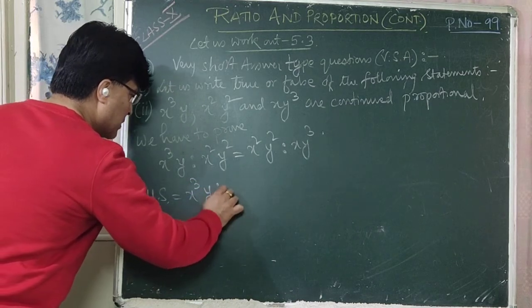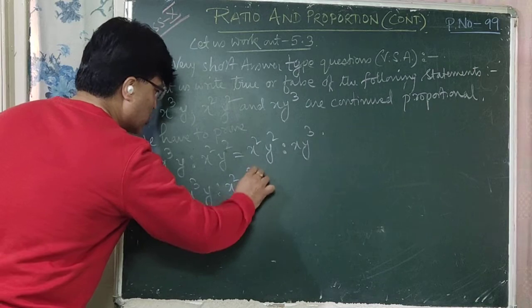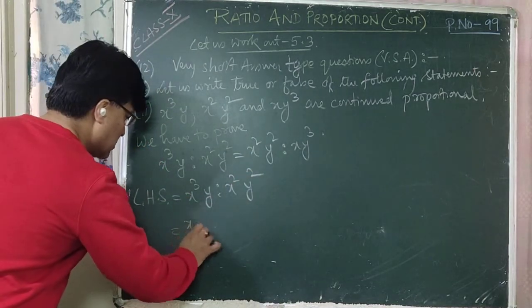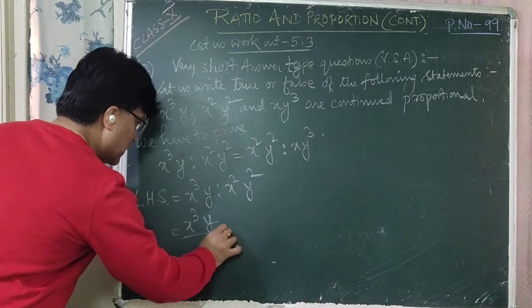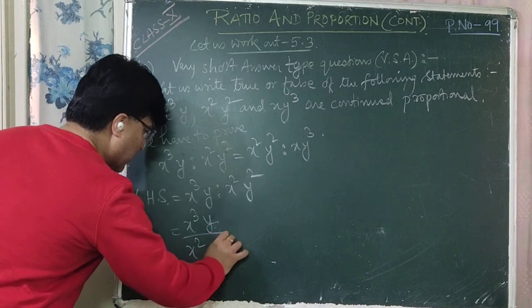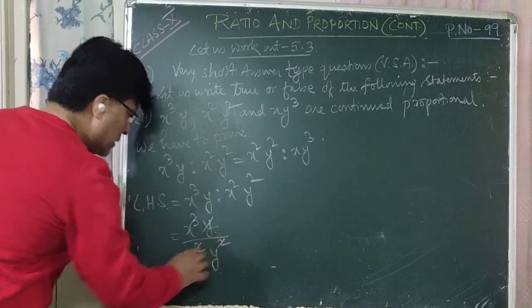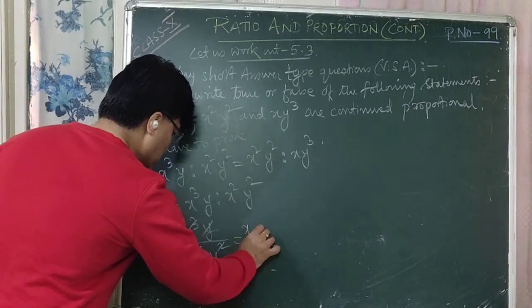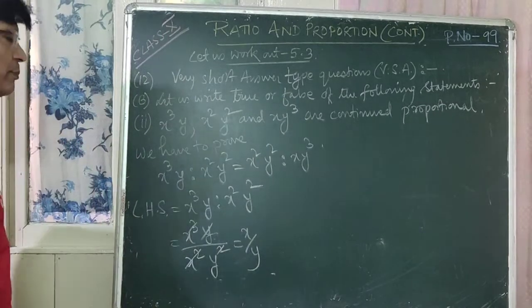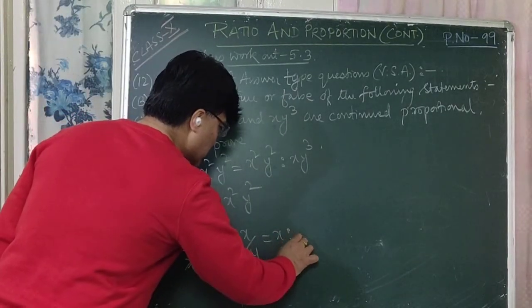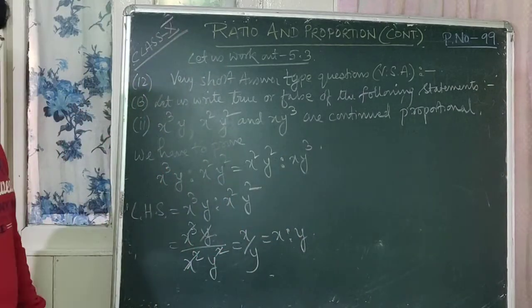X cube y is to x square y square. So let us write it in terms of fraction, that is x cube y divided by x square y square, right? So you can cancel here, x square and cube, y and square get cancelled, which is equal to x upon y. So in terms of ratio, it is x is to y.